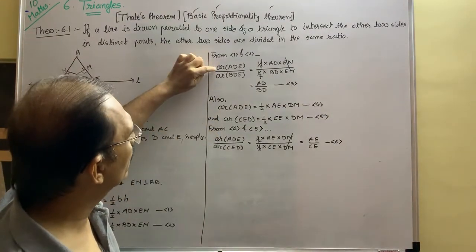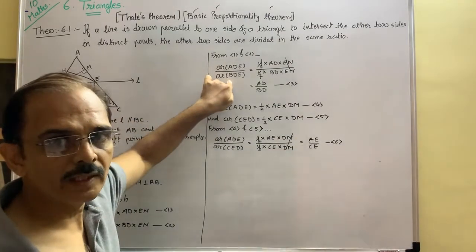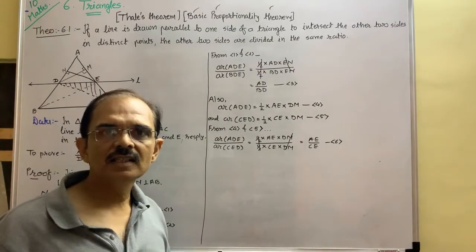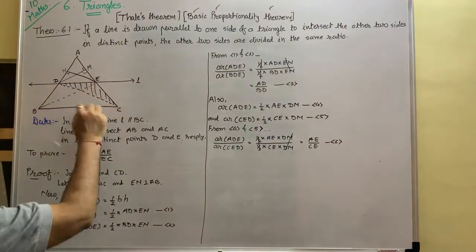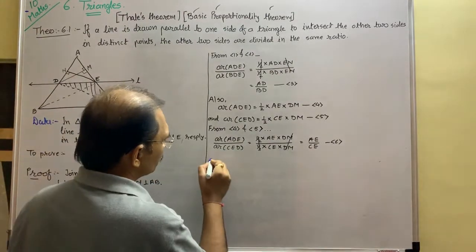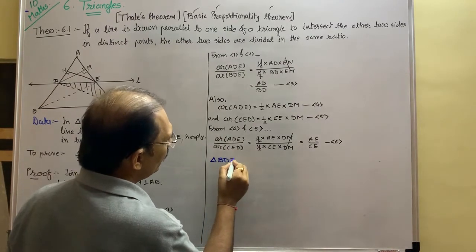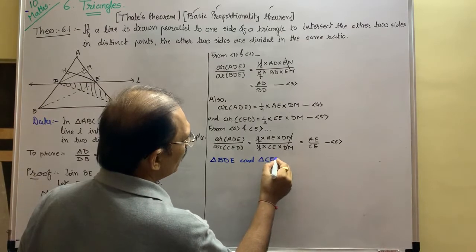See the left side, area of ADE. Here area of ADE. But now in the denominator, area of BDE and here area of CED. See, BDE and CED. Triangle BDE and triangle CED.